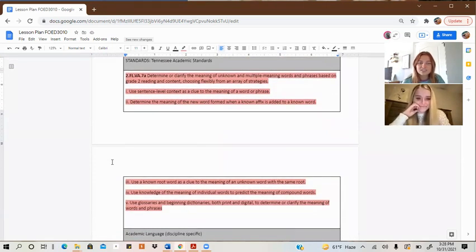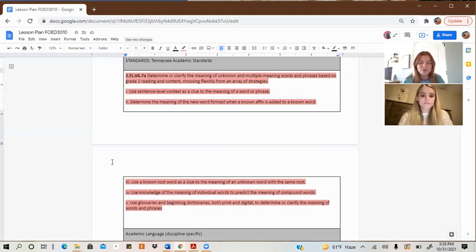Our standard is 2FLVA7A, which is to determine or clarify the meaning of unknown and multiple meanings of words and phrases based on grade 2 reading and content, choosing flexibly from an array of strategies. 1, using sentence level context as clues to the meaning of a word or phrase. 2, determine the meaning of a new word formed when a known affix is added to a known word.